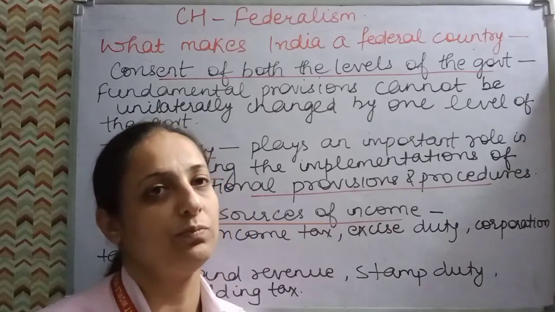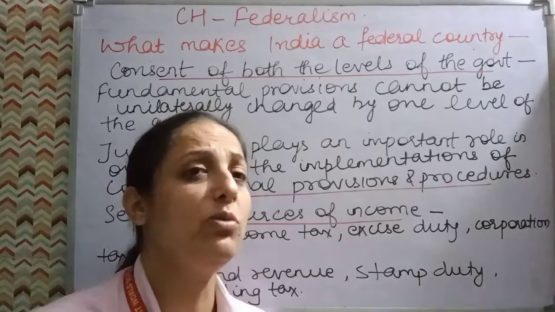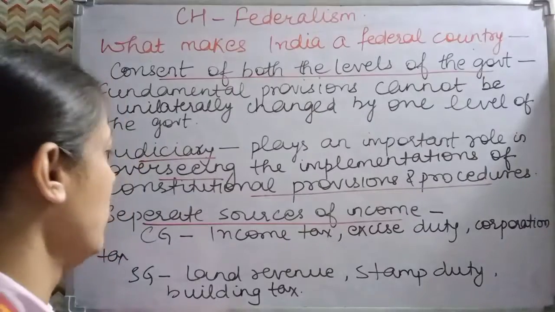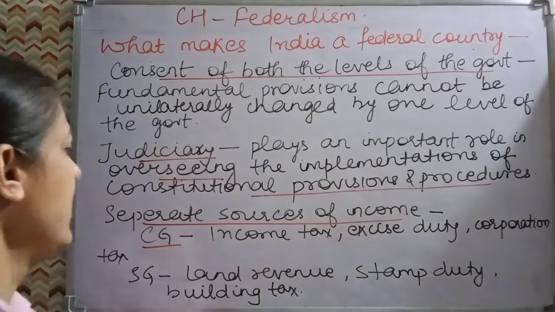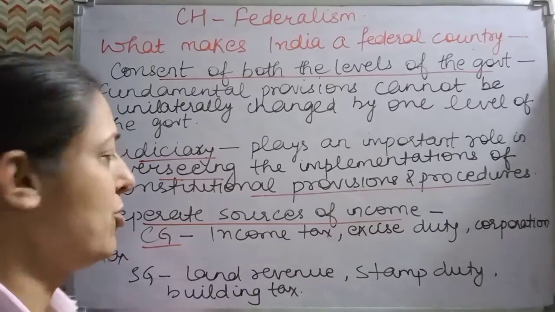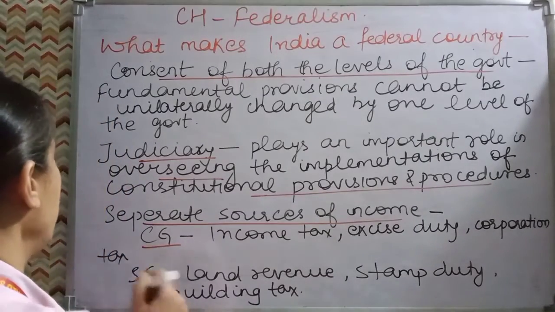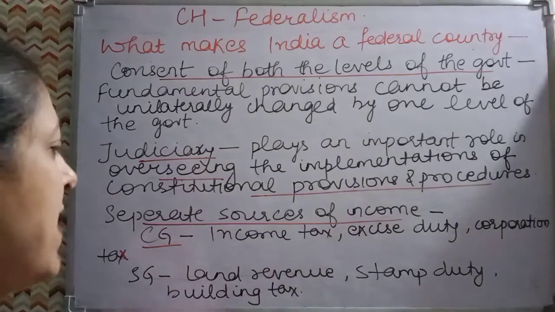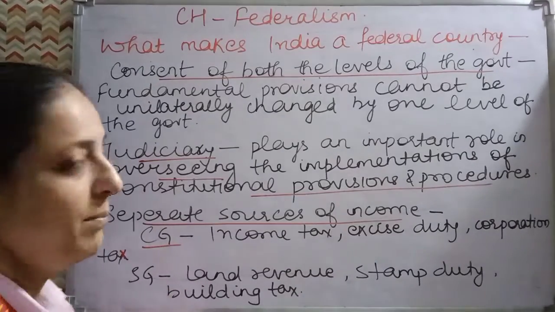So from where the revenue will be generated, sources are clearly specified in the constitution. Like the state government will collect and levy the income tax, excise duty, corporation taxes. Then the state government will have control on land revenue, stamp duty and building tax.